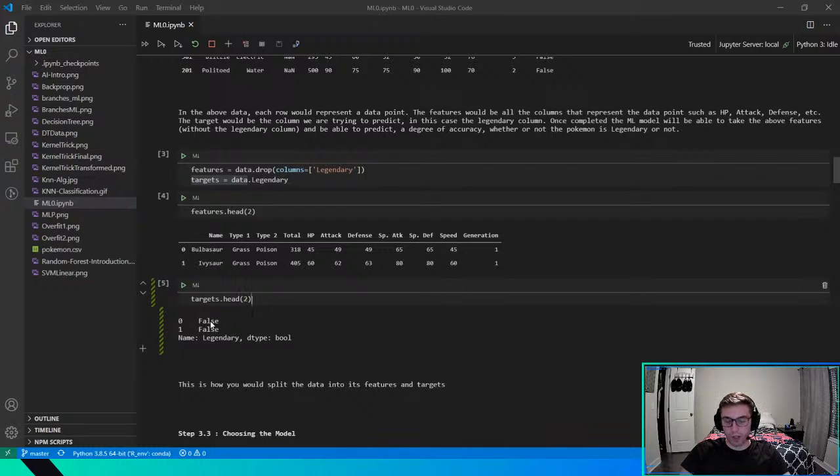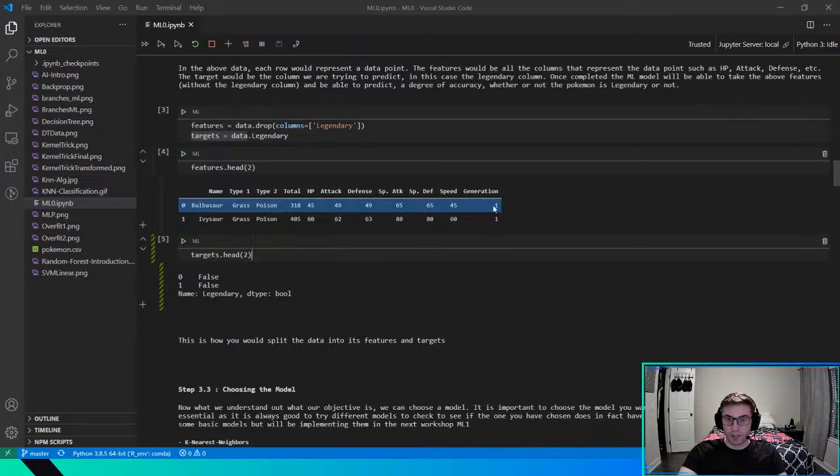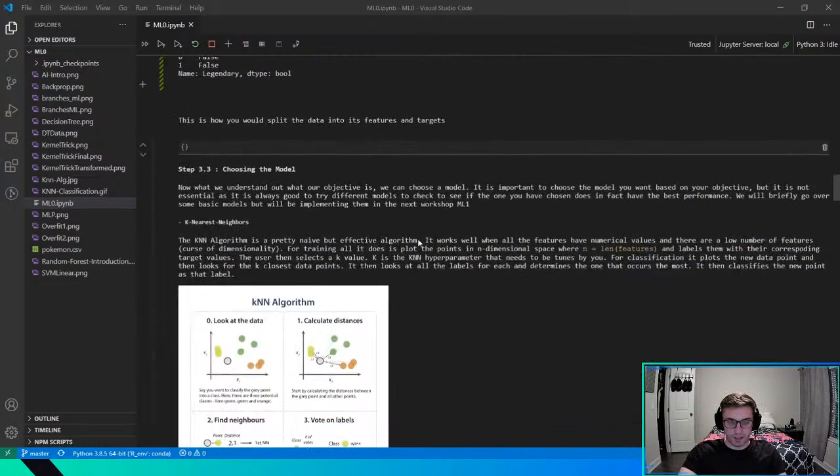Say, for example, you're predicting the price of housing. That would be continuous because it can be between 0 and, let's say, $10 million and any decimal in between that. So we're going to be doing a supervised classification problem, trying to predict whether a Pokemon is legendary or not based on its statistics.